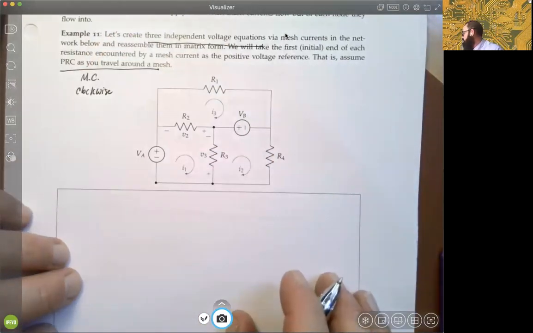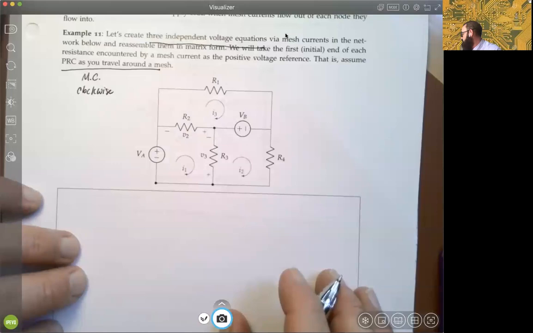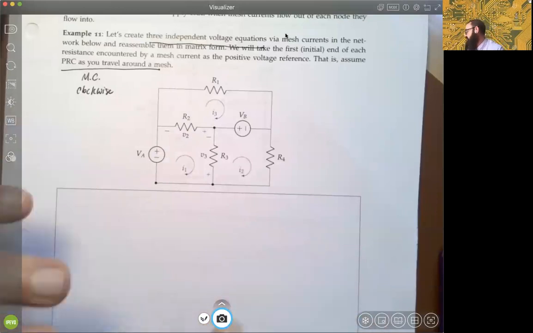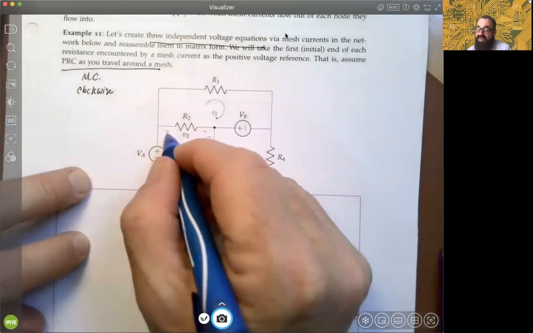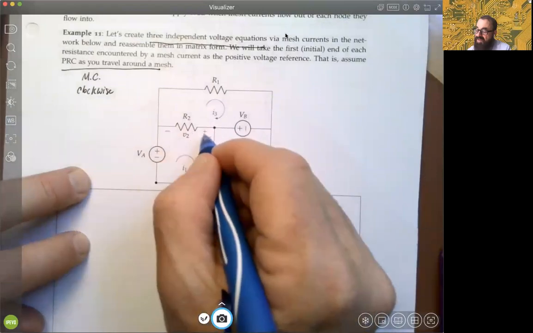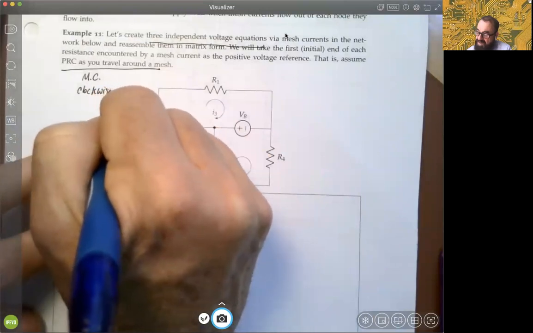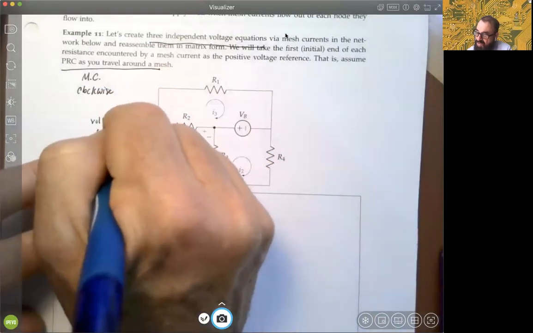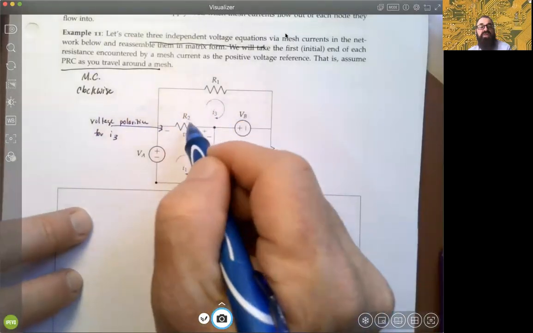And again, we're assuming PRC as we flow through each loop. I need to make a distinction here. Look at the polarities indicated for this voltage. These are the voltage polarities for the I3 mesh current, because in this representation it's PRC.